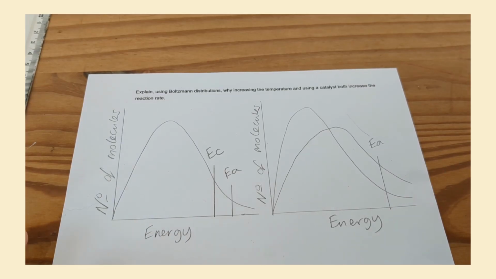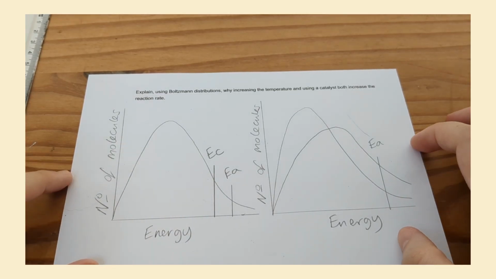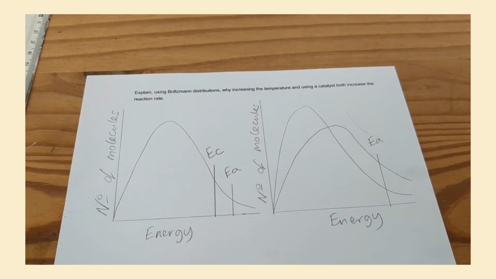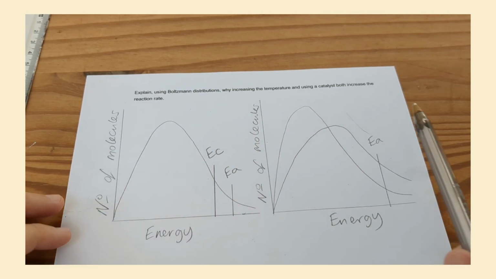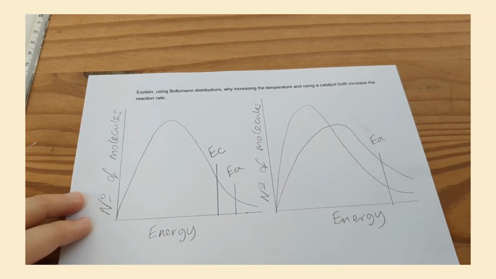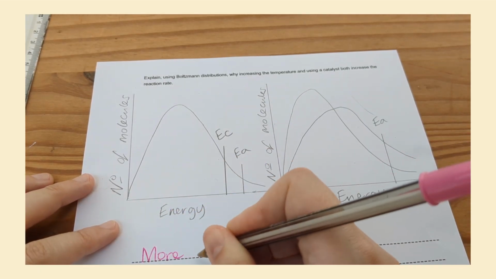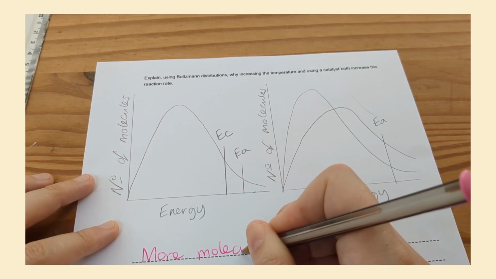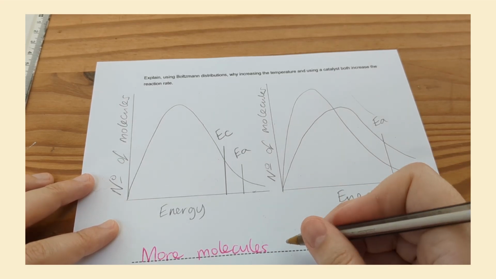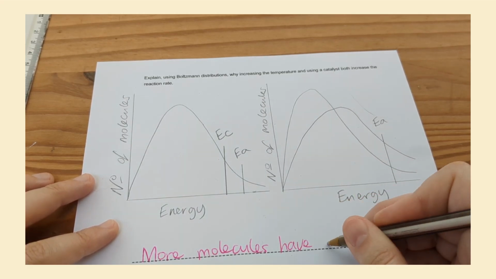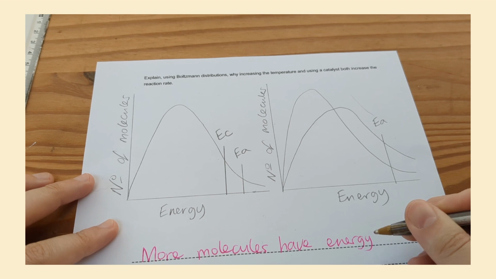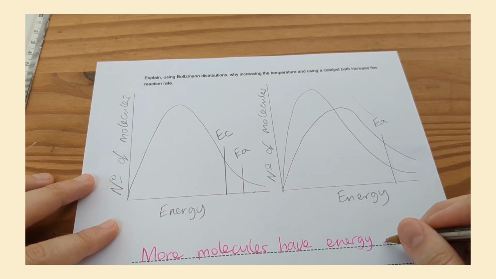So the majority of our marks we've already got from these 2 graphs, and then we need to write something further explaining how using these increase the reaction rate. We just need a statement. We can say more molecules, or we could say more particles, or even more collisions have energy equal to or greater than the activation energy.